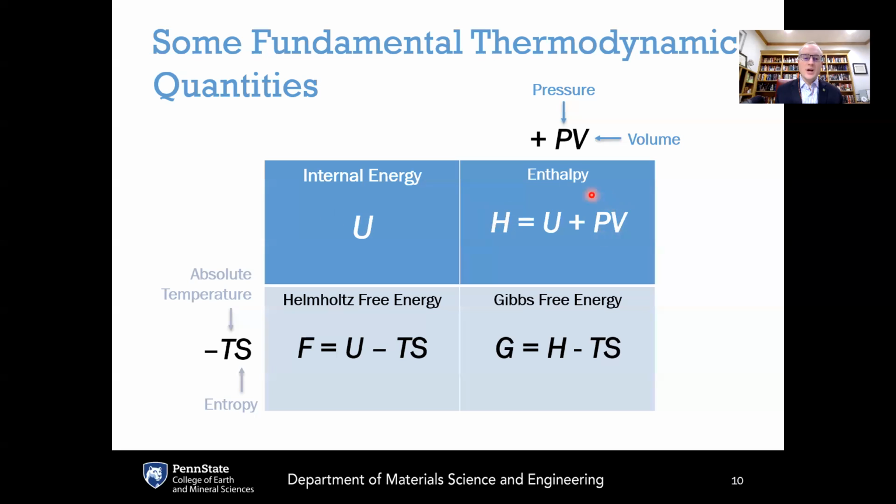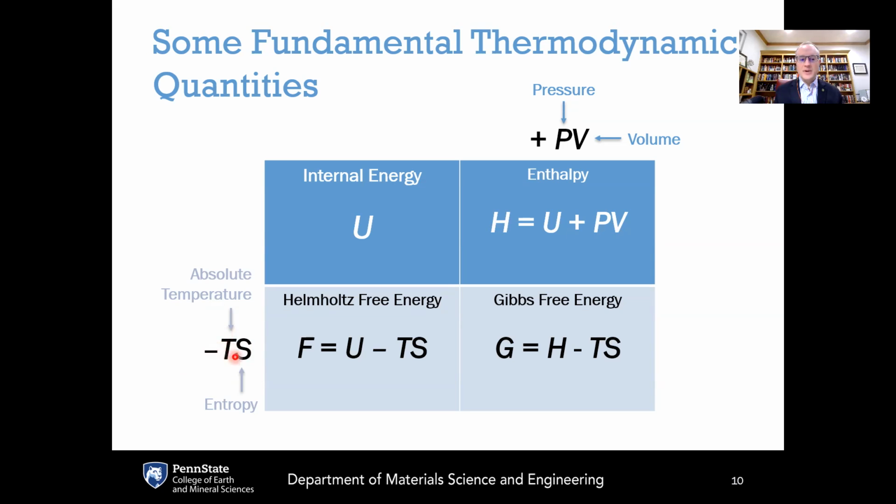Now, in going from the upper row to the lower row, what we are doing is moving to a free energy. And the way we get a free energy is by incorporating the entropic contribution to those energies as well. And that involves subtracting Ts. In other words, subtracting the absolute temperature, T, times the entropy of the system, S. Absolute temperature is represented in units of Kelvin.